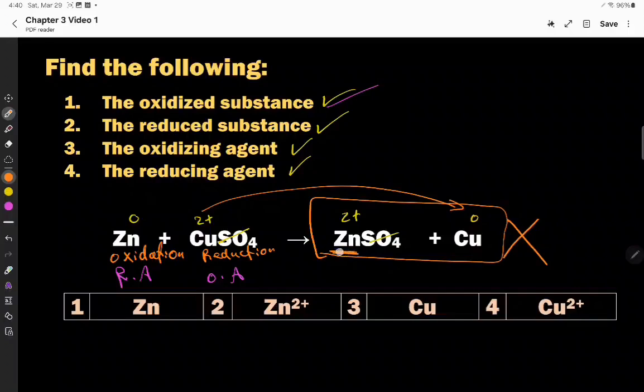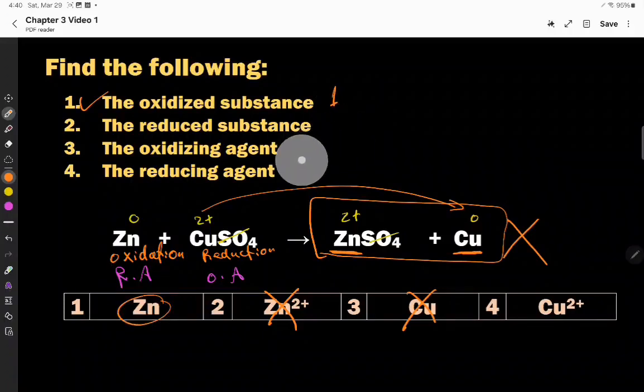For example, zinc positive after the arrow, we will cancel choice number 2. After the arrow we also have copper, which is 0, choice number 3, so we will cancel number 3. Now our answer, if it asks for the oxidized substance, will be number 1.